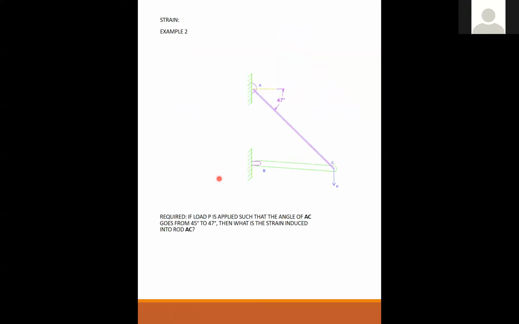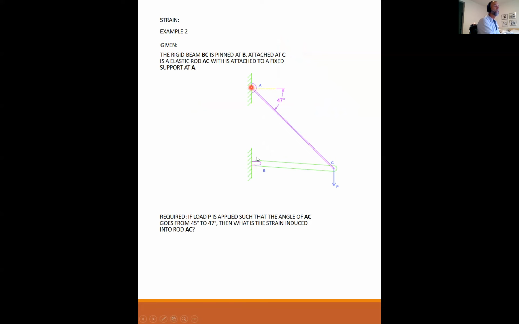Go back up here. Look at the way that is originally drawn. This is fixed and this is fixed. So this L cannot change. It's between two fixed points. This ABC is a rigid beam. By how these problems are defined, a rigid beam means that it doesn't deform.